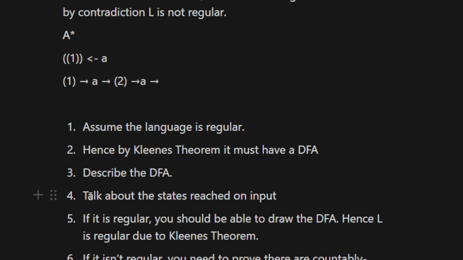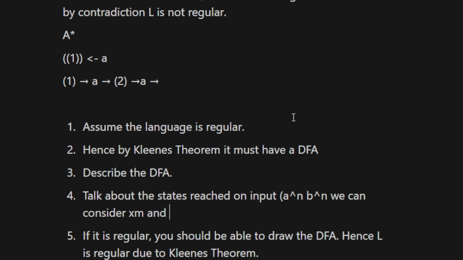What do I mean by step 4? It just means to describe the DFA. So we're going to be talking about the states that we reach with regards to a specific input. For example, for a to the power of n, b to the power of n, we can consider x_m and x_n as the states, like Danny has just said.